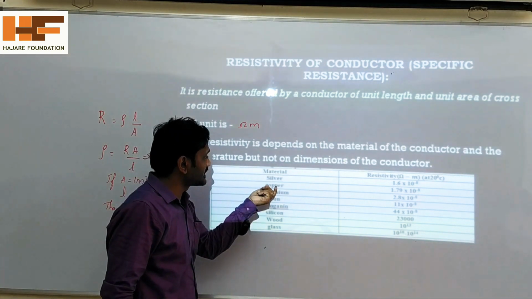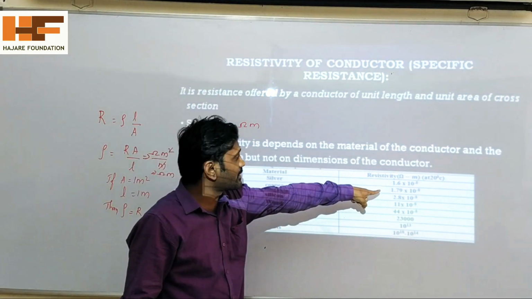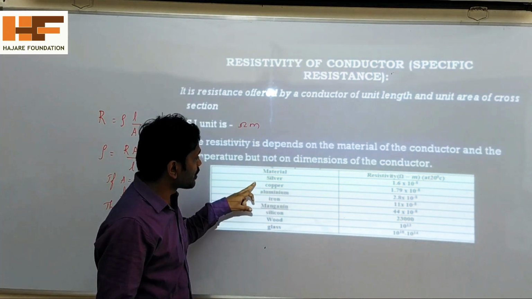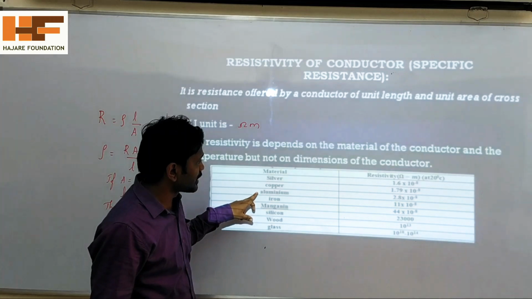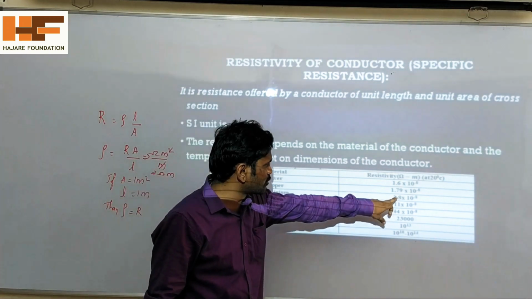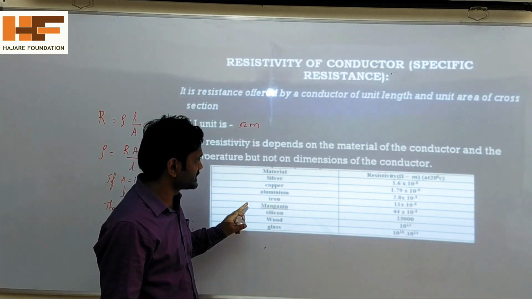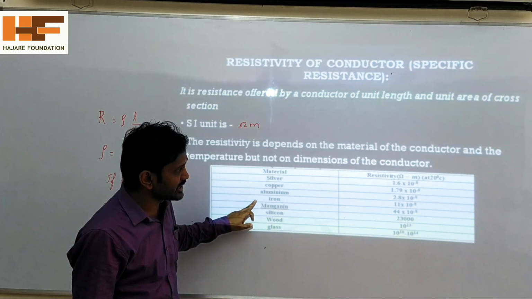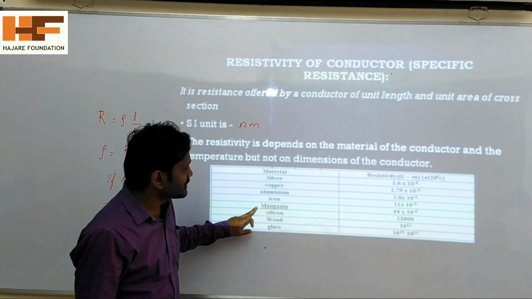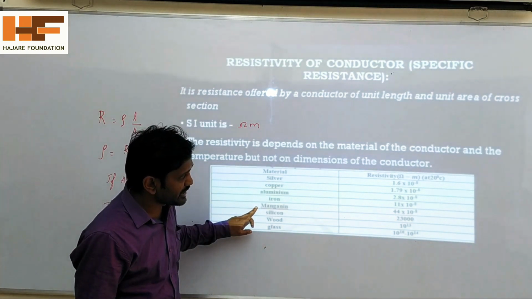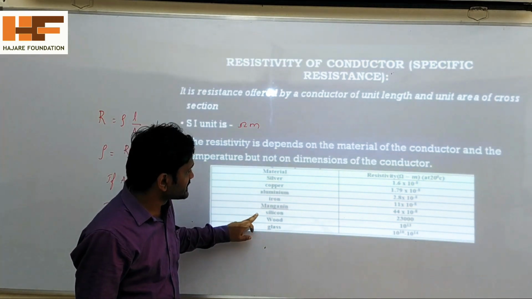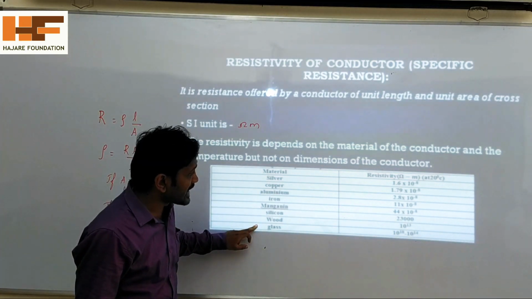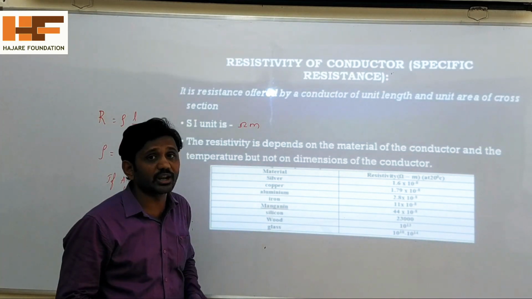Second, copper has a resistivity of 1.79 into 10 raised to minus 8 ohm meter. Aluminum is 2.8 into 10 raised to minus 8 ohm meter. Iron is 11 into 10 raised to minus 8 ohm meter. Magnetite is 44 into 10 raised to minus 8 ohm meter, silicon 23,000, wood 10 raised to 13, glass 10 raised to 10 to 10 raised to 14.